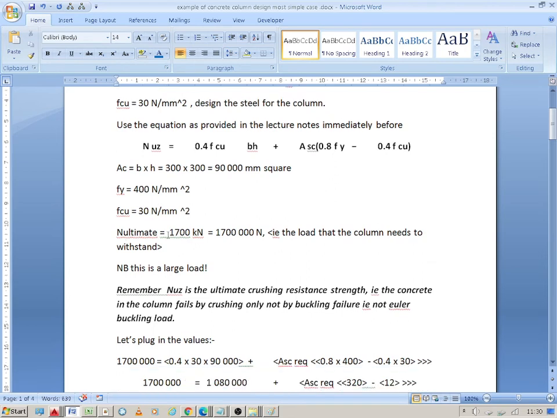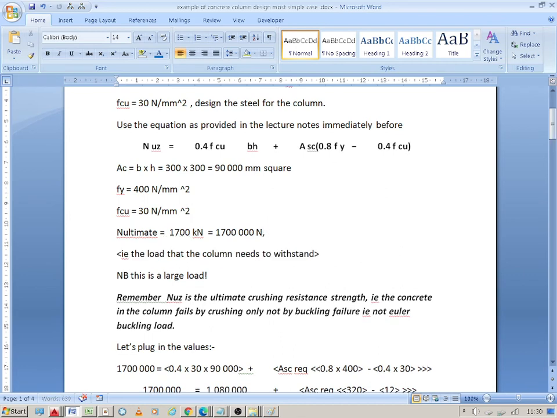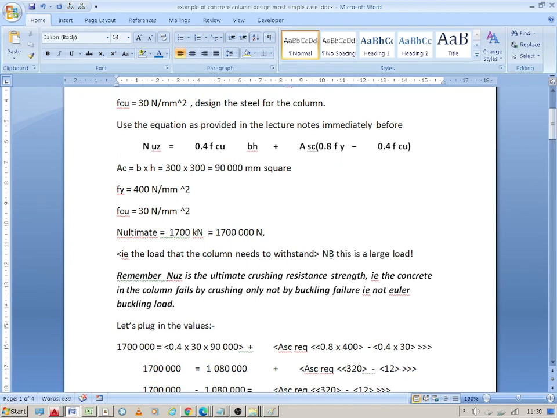N ultimate equals 1700 kilonewtons, so that's 1,700,000 newtons. This is very important because this is the load that the column needs to withstand. I think that's quite a large load.